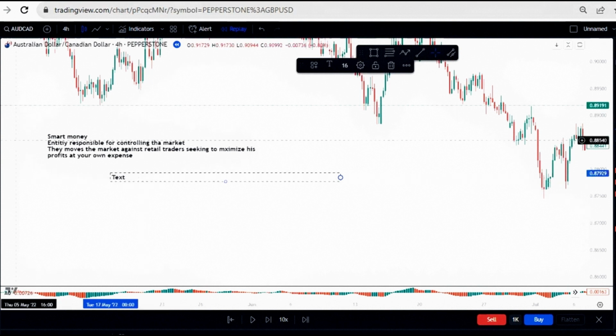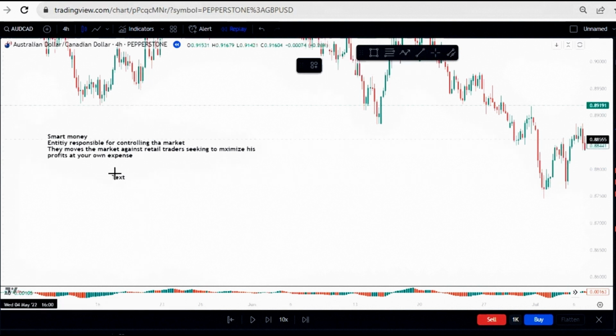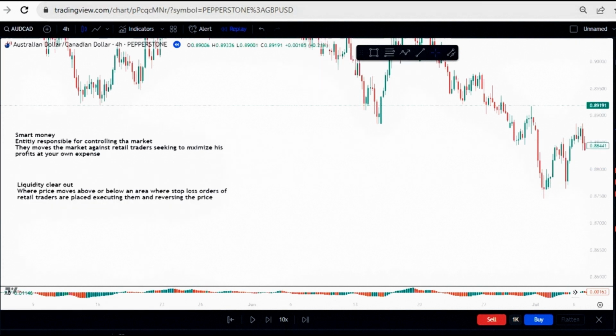Now, how do they do this? One way the smart money uses to buy at the lowest prices and sell at the highest prices is using a liquidity clear out. A liquidity clear out is where the price moves below an area where stop losses of retail traders are placed.